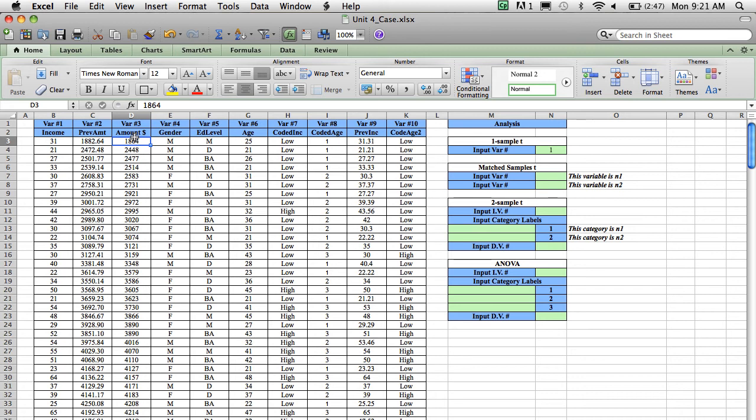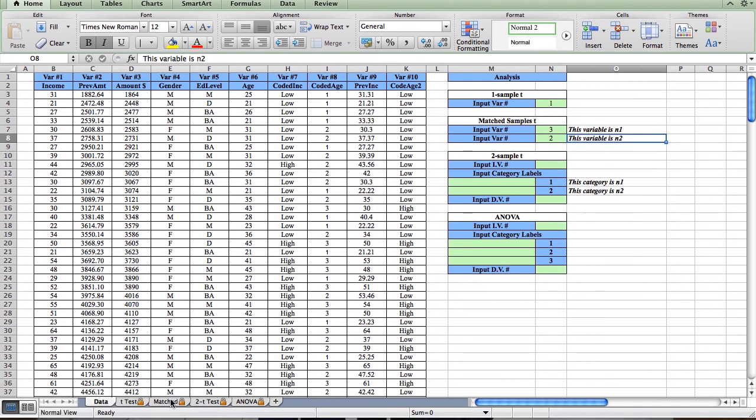And the way we do that is by creating a new variable, which will be the difference between the amounts. So I'm going to input variable number 3 and variable number 2. This is going to create a difference variable using the current amount for N1 minus the previous amount for N2.